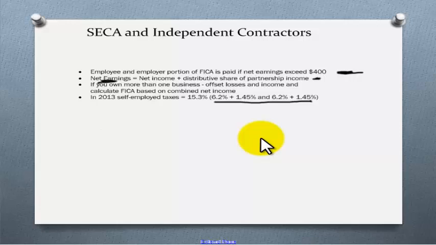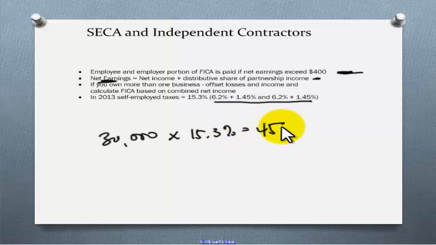So let's say that we have a self-employed individual that had net earnings of, let's say, $30,000, and so their self-employment tax, FICA tax, would be just 15.3% of that, and so that would be $4,590.